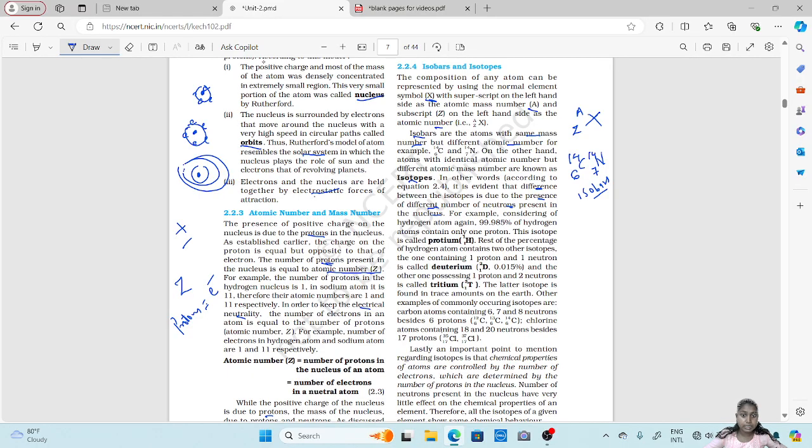For example, considering the hydrogen atom, 99.985% of hydrogen atoms contain only one proton. As we know, hydrogen is 1, right? So it will contain only one proton.